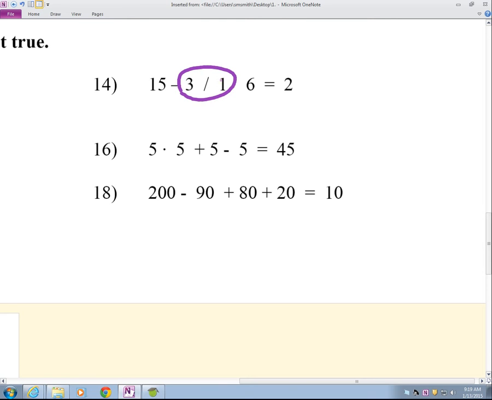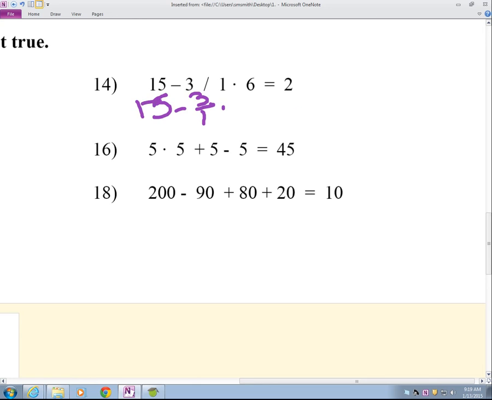It could be rewritten like this. If I were to do the regular, it would be 3 divided by 1, which is 3, times 6 is 18, and 15 minus 18 is definitely not 2. So where do we need parentheses?